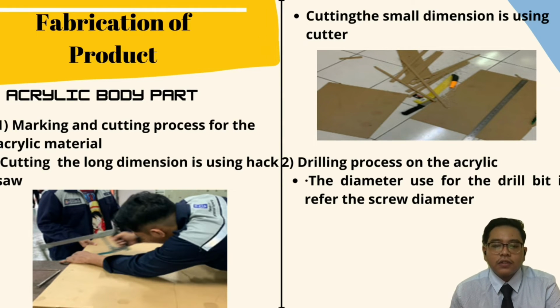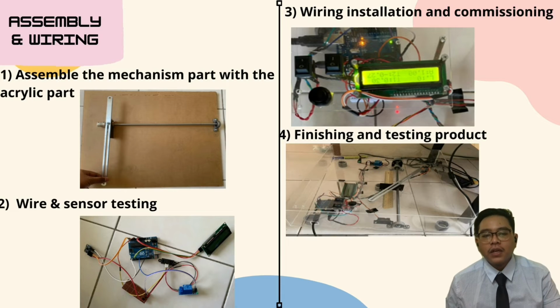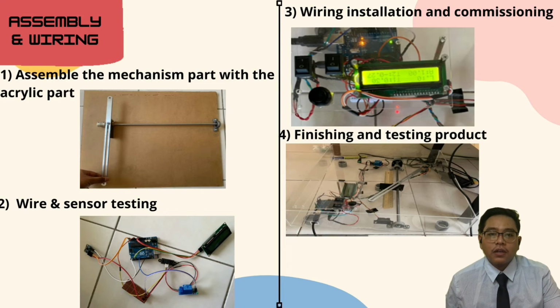Next is the drilling process on the acrylic for the electronic components. The last is the assembly and wiring. The first is assembling the mechanism part, and the second is wiring and sensor testing as shown in the figure, and also the commissioning, and lastly finishing and testing the product.